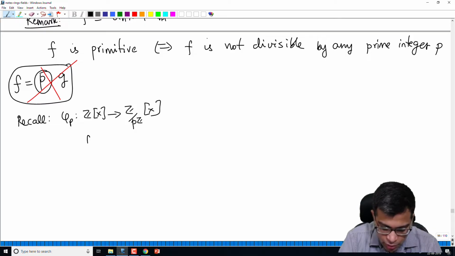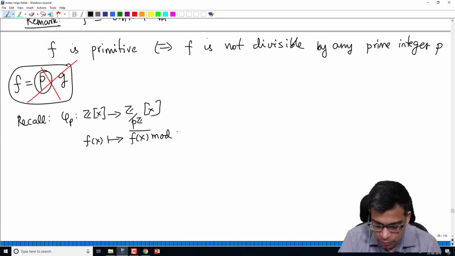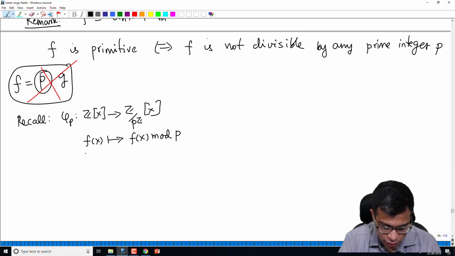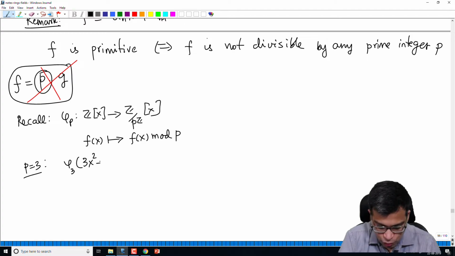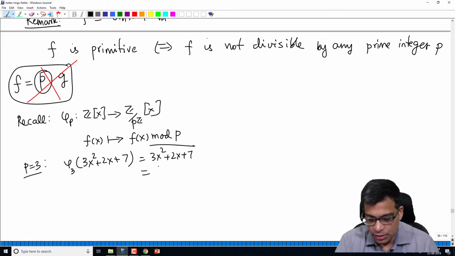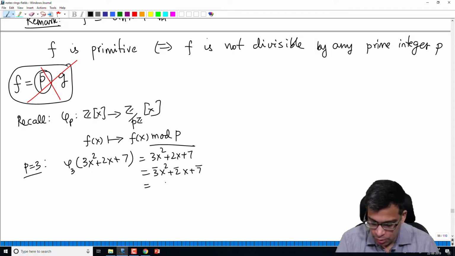Here what are we doing? We take a polynomial and we just view it mod p. For example, if p is 3, phi 3 of 3x squared plus 2x plus 7 goes to 3 bar x squared plus 2 bar x plus 7 bar, which is actually just 2 bar x plus 1 bar.